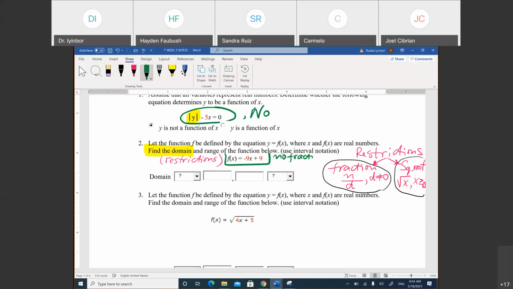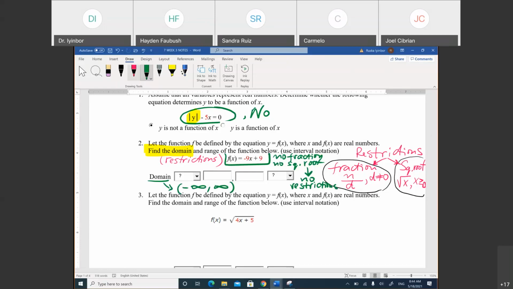No. No fraction, no square root. So what does that mean? No restrictions, right? If you have no restrictions, that means the domain is all real numbers. And this is how you're going to put it. The domain is going to be parentheses, negative infinity, comma, infinity, like that.